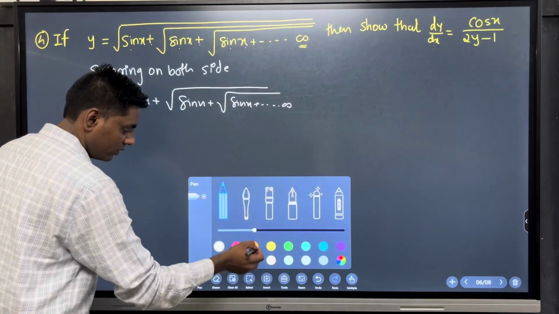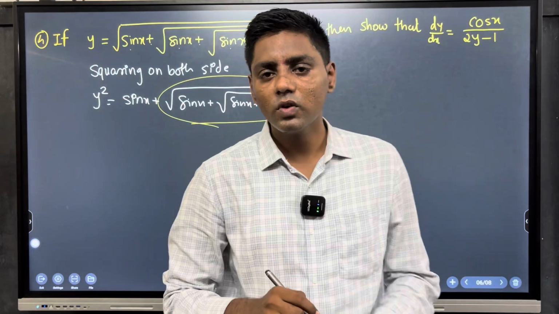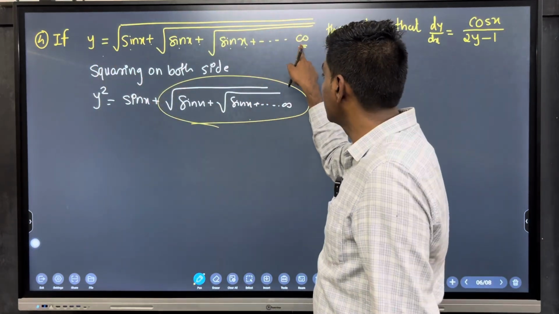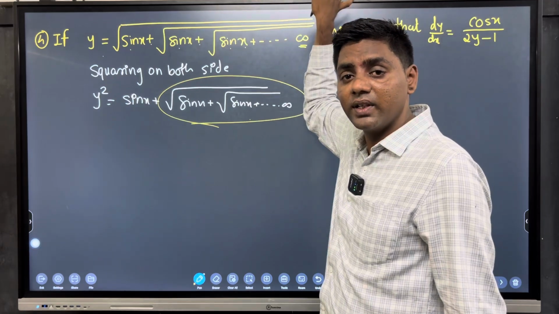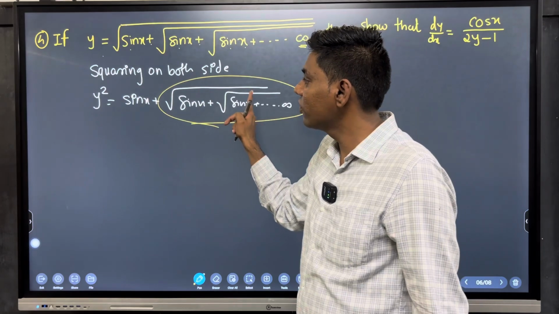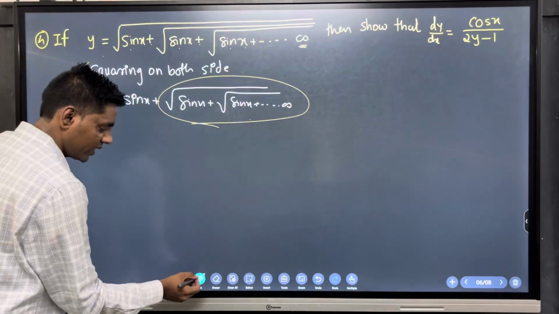Remember that this term is continuously present, and what is the meaning of this term? That is y. Since it is up to infinity, we get the same format, so this is replaced by y, and after replacing the y we get the final answer.